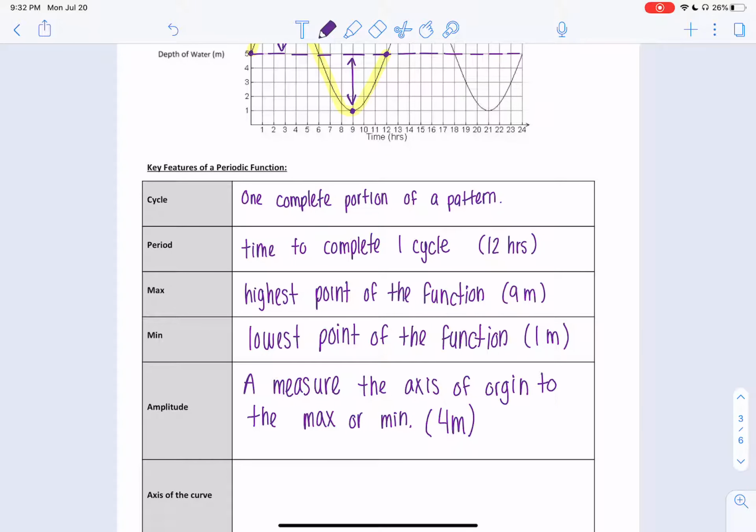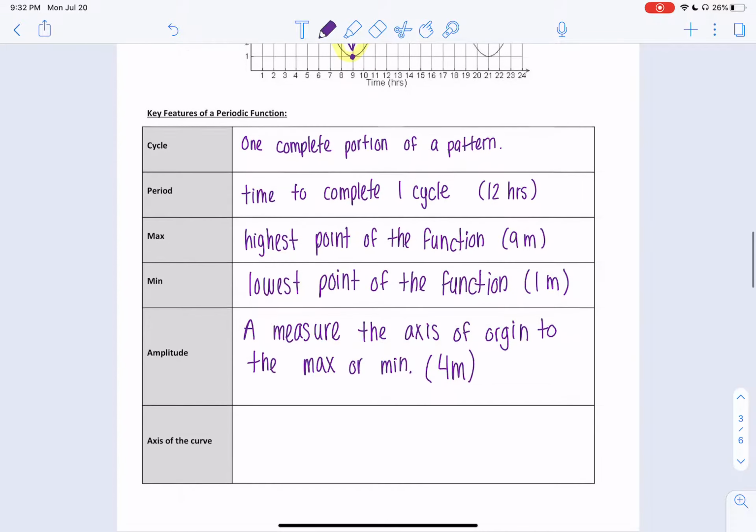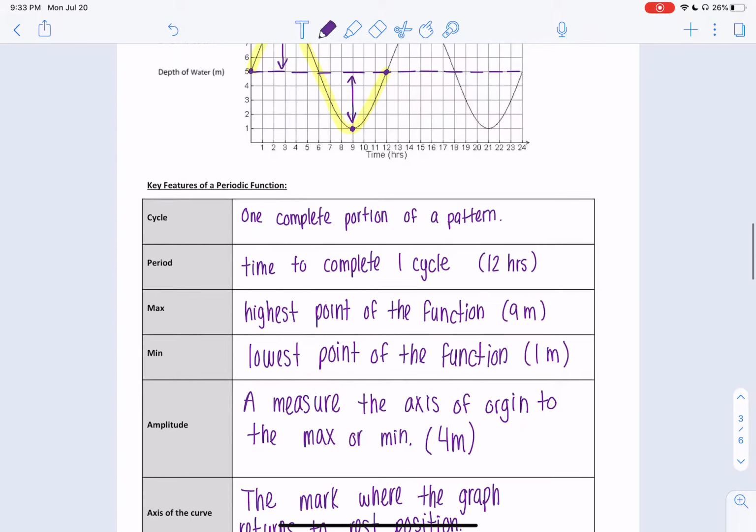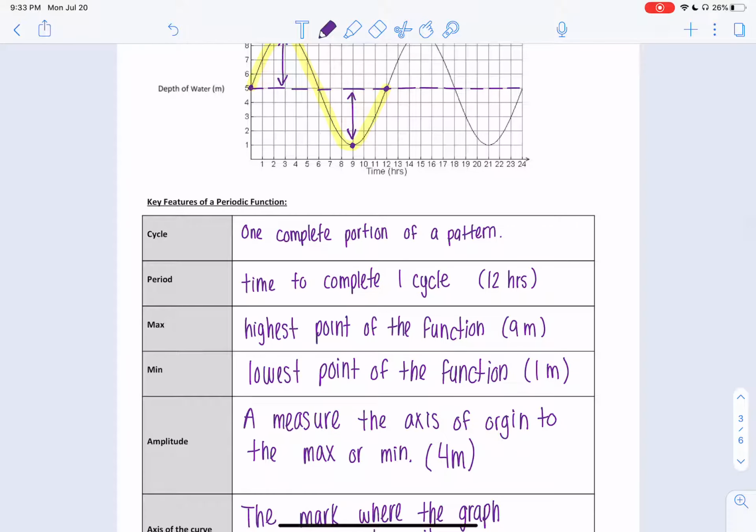Finally, our axis. So that is the mark where the graph returns to rest position. So again, that's the part where it cuts it in half, and that is our starting depth of our water.